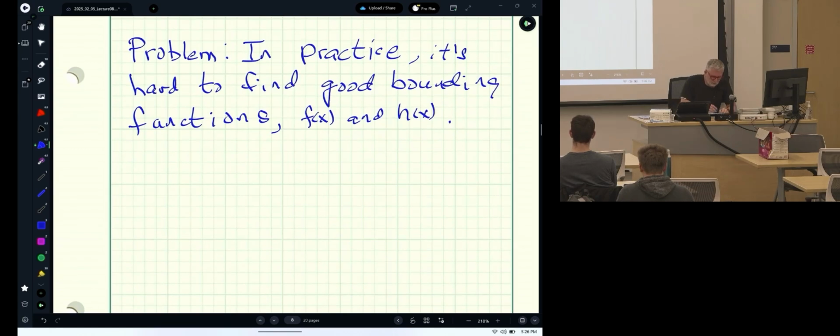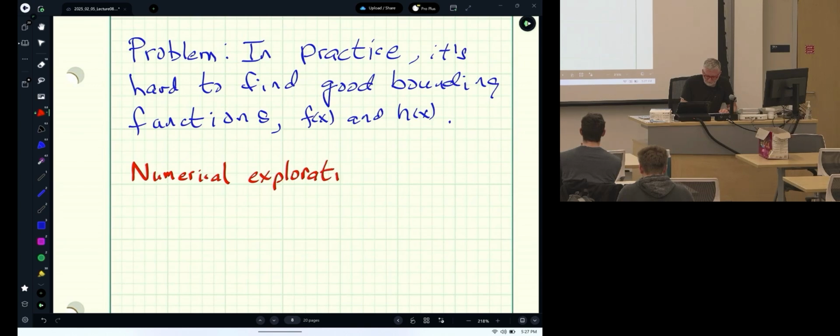Then in Julia homework 4, you'll play with this numerically. So that's after the project.